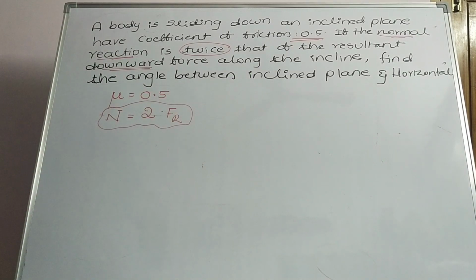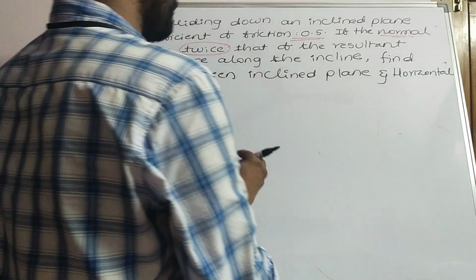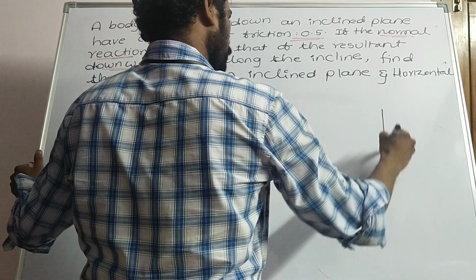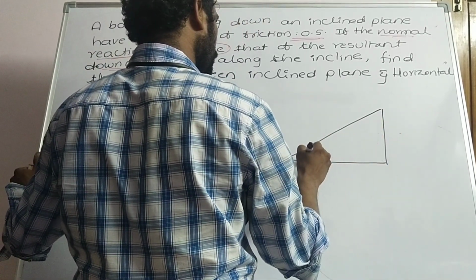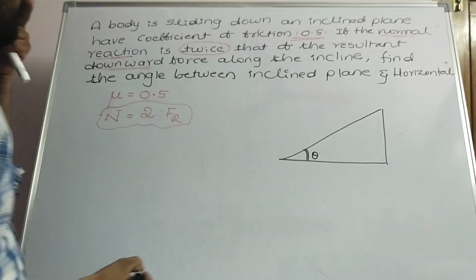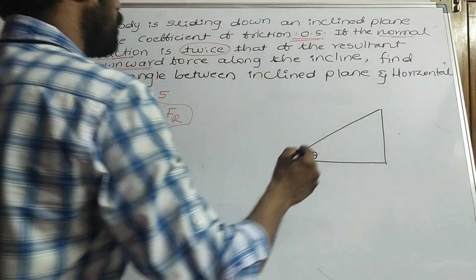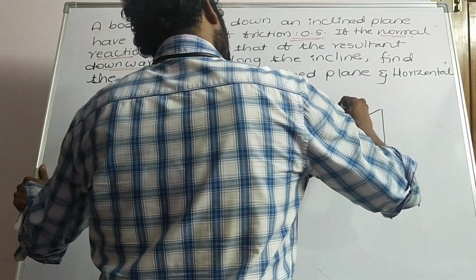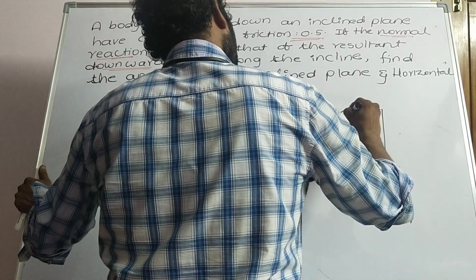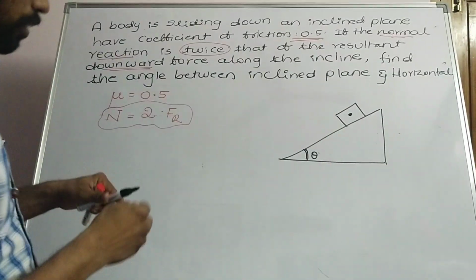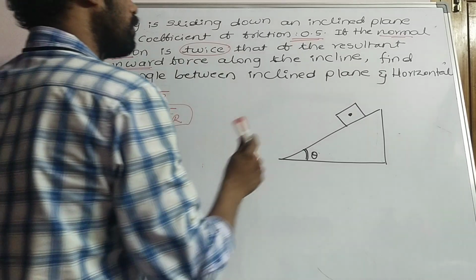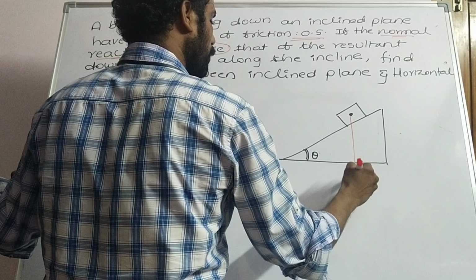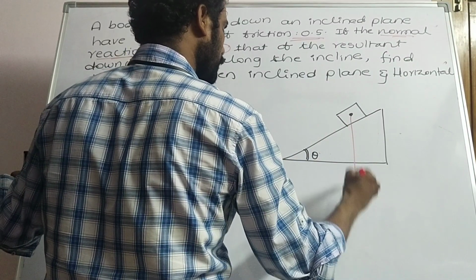Now let us draw the picture. Here the inclined plane is taken with the angle of inclination theta. And here the block, or the body, is placed. Then we can write the forces acting. The weight of the body acts in the downward direction.